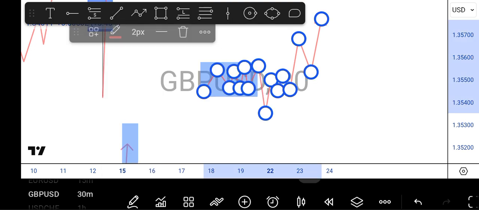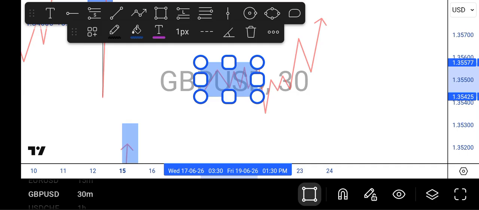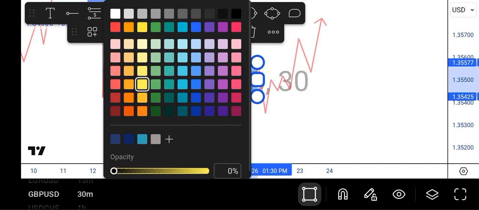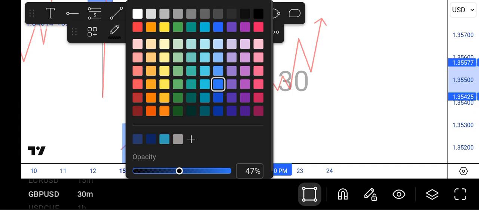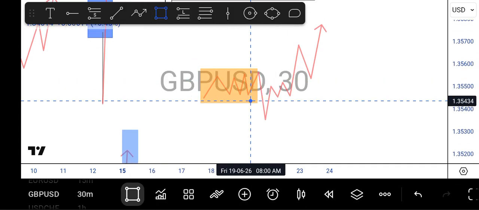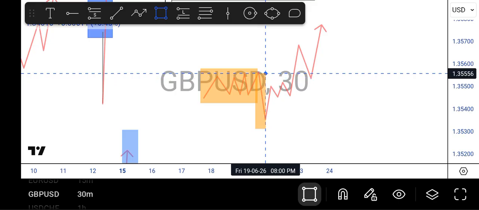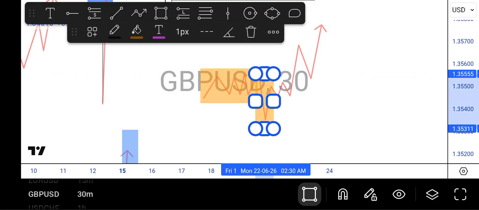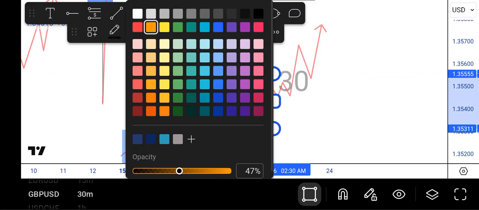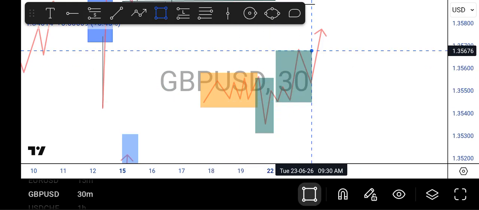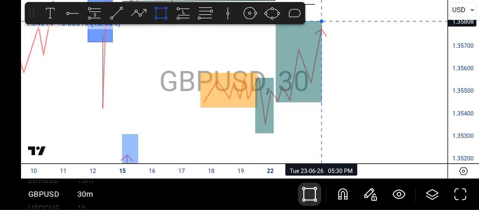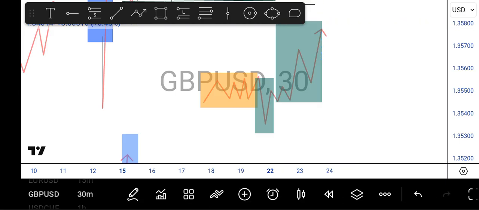This is accumulation. Sorry, I'm a little bit slow, please bear with me. So we have accumulation, we have manipulation, and after manipulation, we have distribution.